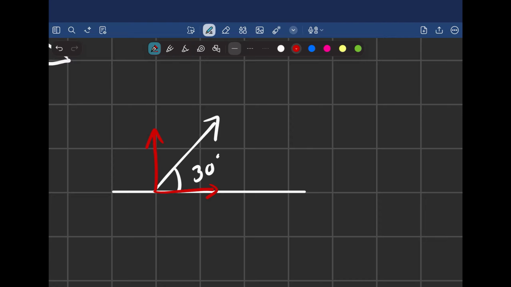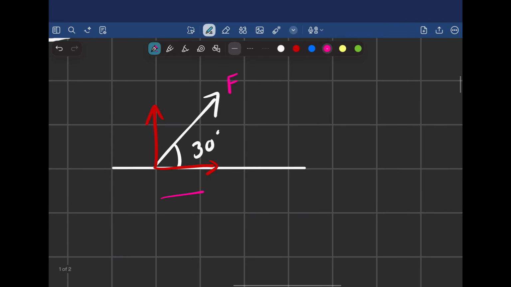And what we can do is, well, how much is it going to the right? Well, if we call this length right here, we'll say F for like a force or something. And we want to see how much it goes to the right. Well, it's going to be F cosine the angle.